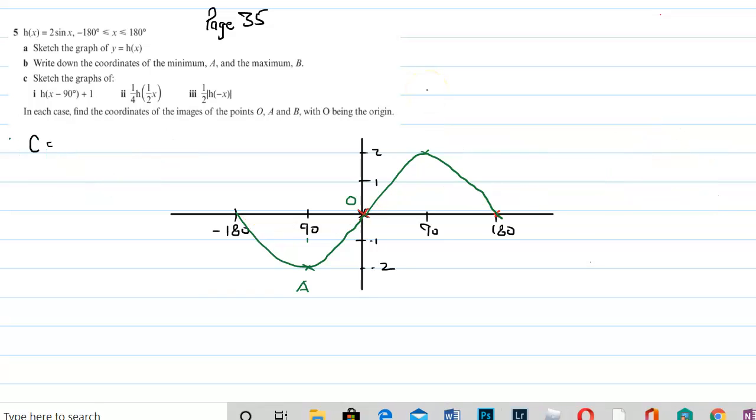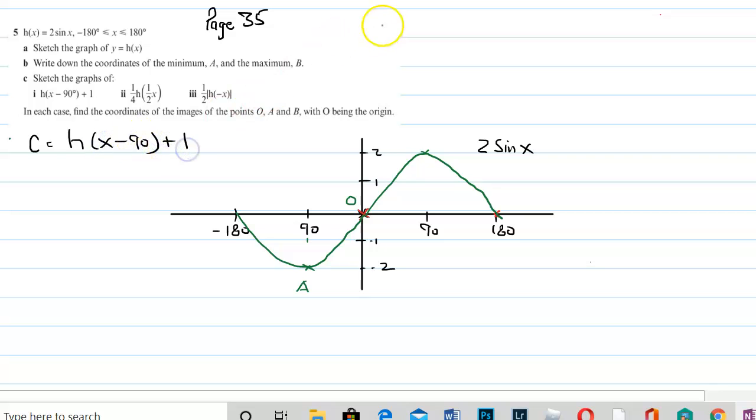So this is our original graph, h(x) equals 2 sin x. Now we have to do the transformation h(x minus 90) plus 1. This is inside the bracket, so it is f(x minus a).